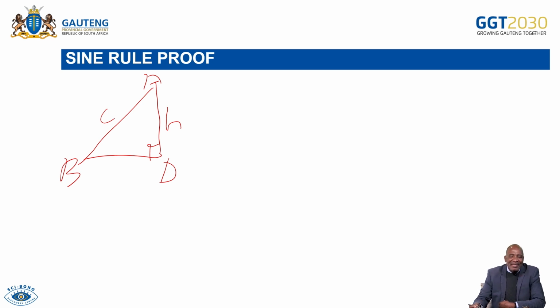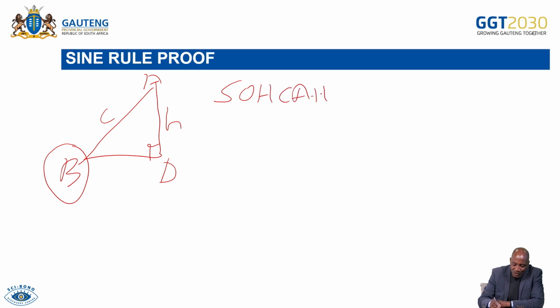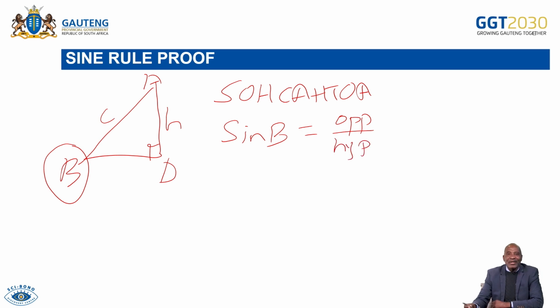We can apply trig ratios here and say, what is sine of B? We are going back to SOHCAHTOA. How do we find the sine of B? Our sine of B is equal to the opposite side divided by the hypotenuse side. Now that the triangle is a right angle triangle, we may as well apply trig ratios.